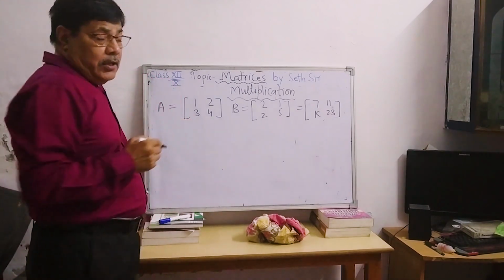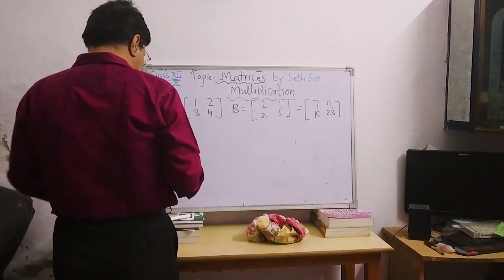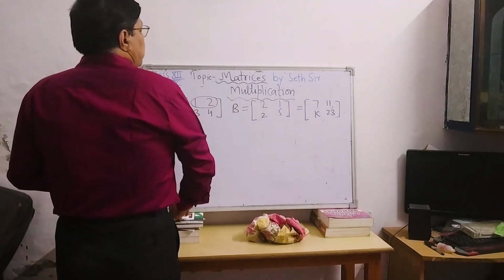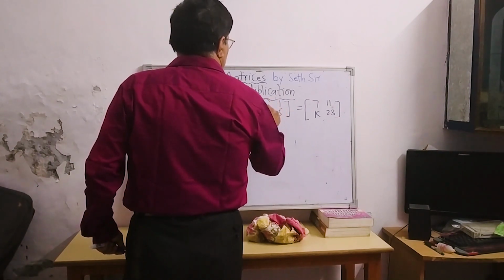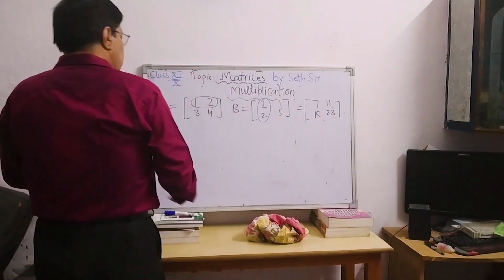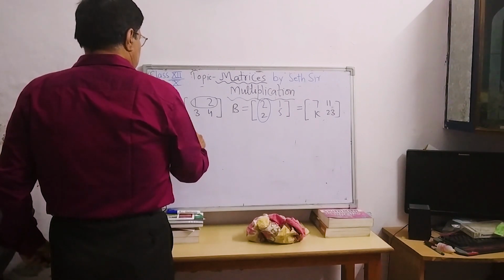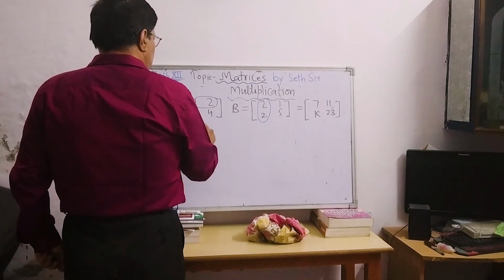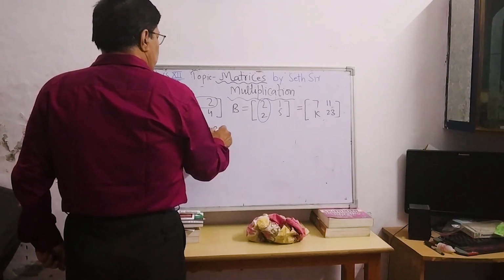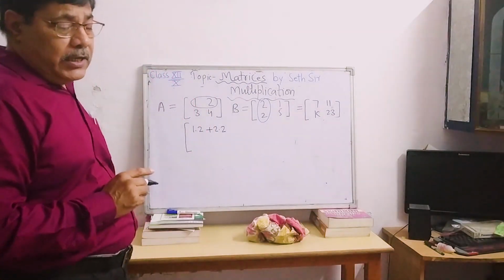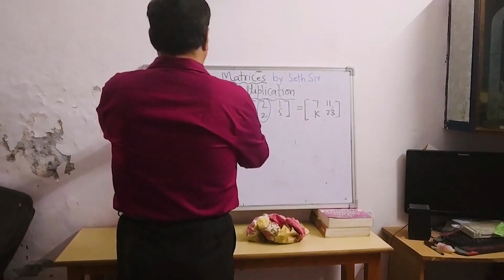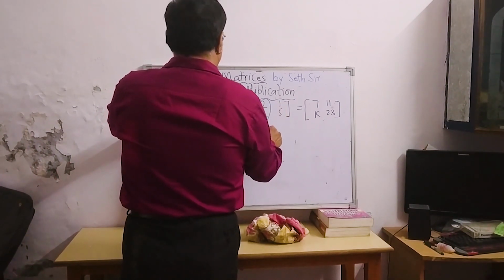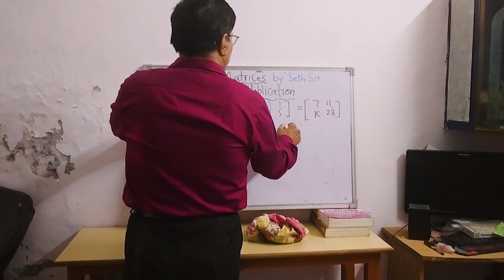So how will you do it? You will do the multiplication of first row with first column of this. So do it and write it here. Clear? So this will come 1 into 2 plus 2 into 2. Plus again 1, multiply the same thing here, so 1 into 1 plus 2 into 5.